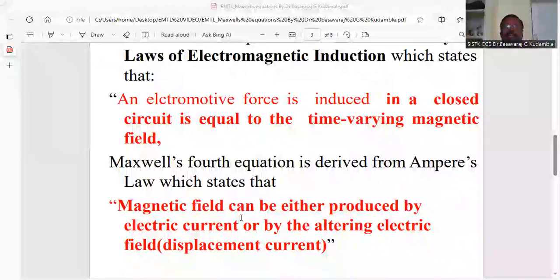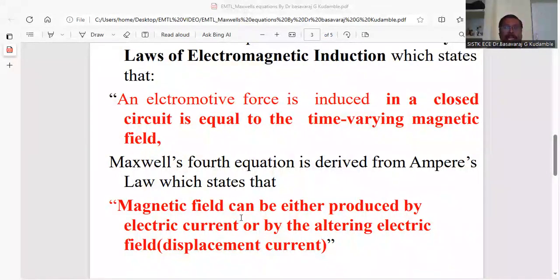But here, even though there is a gap, an opening in the circuit, he found that there is another current, because as per Ampere's law, if there is a current flowing through a conductor, magnetic fields are produced.